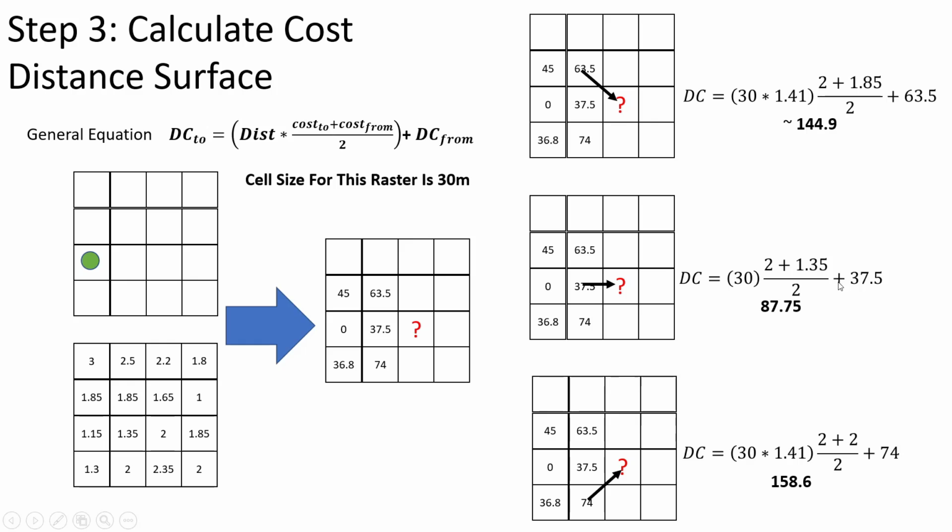So 1.35, taking the average again. But now we're pulling in the cost of this cell here of 37.5. So going right and then going right again has an overall cost of 87.5.